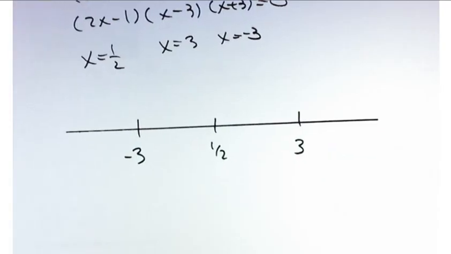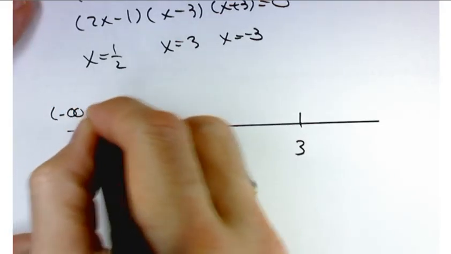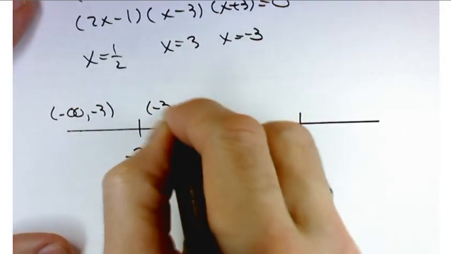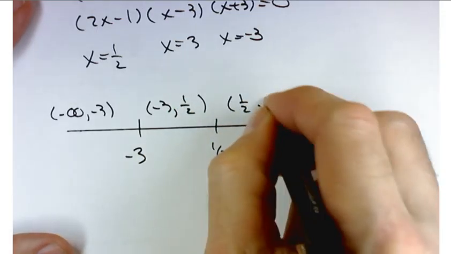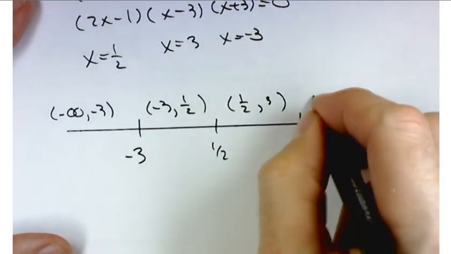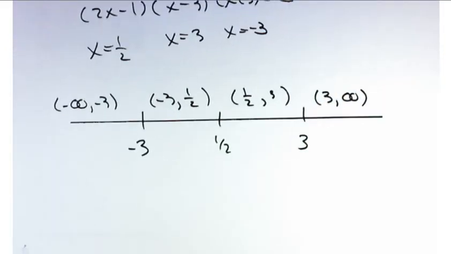Those numbers break up the number line into intervals. Those intervals would be negative infinity to negative 3, negative 3 to 1/2, 1/2 to 3, and 3 to positive infinity. Your answer is going to be one or more of those intervals. We just have to figure out which.